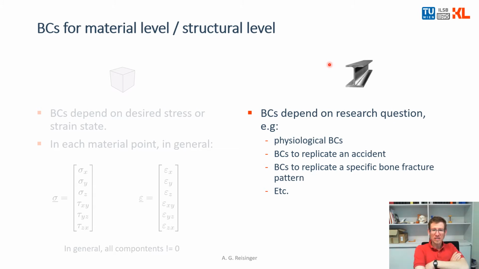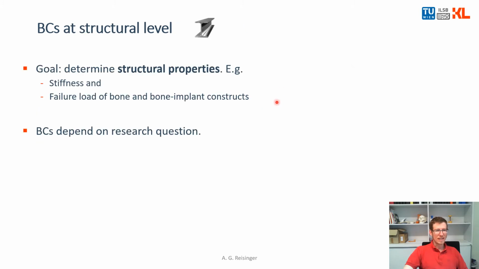And these boundary conditions for structural properties depend strongly on a research question. I would like to raise the term of physiological boundary conditions here. I will go into this in a few seconds. Again, you would like to measure stiffness and failure load, for example, of bone and bone implant constructs.